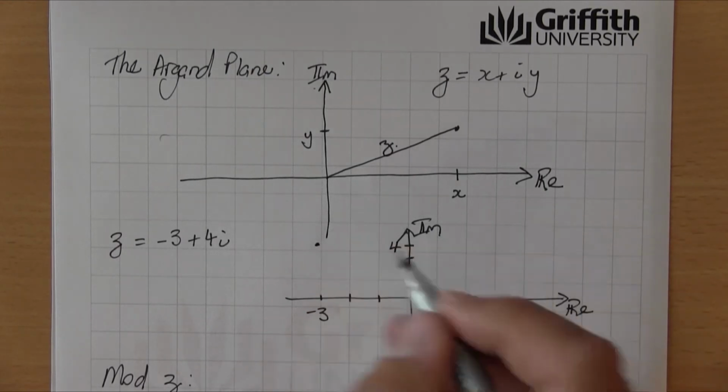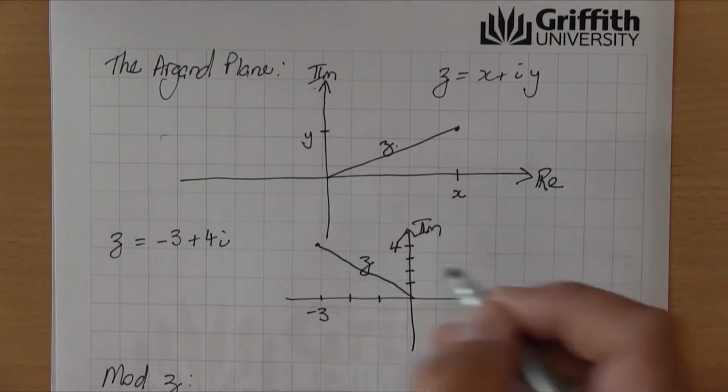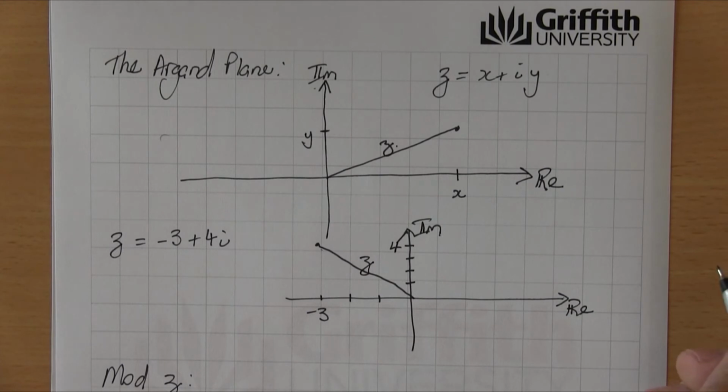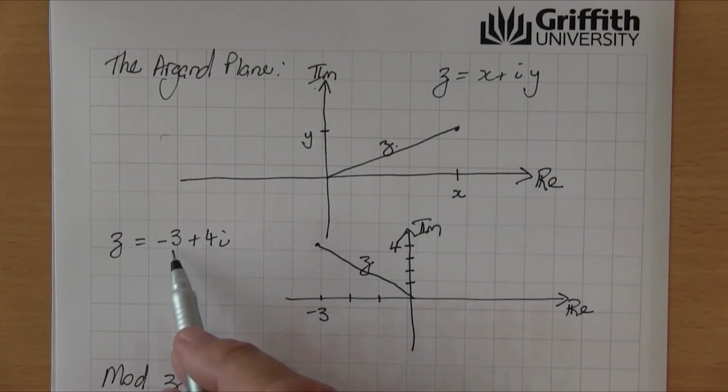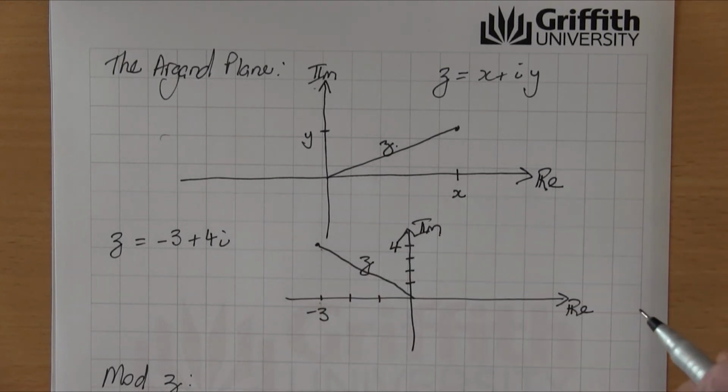So the representation of z would be to there. So we've come out minus 3 real, and the imaginary is up 4.